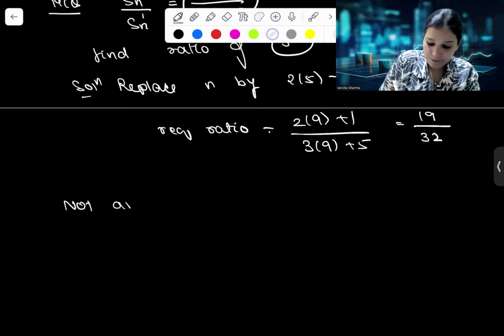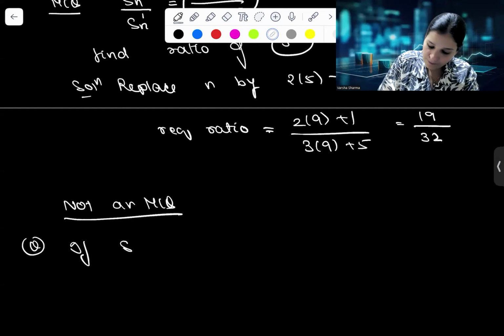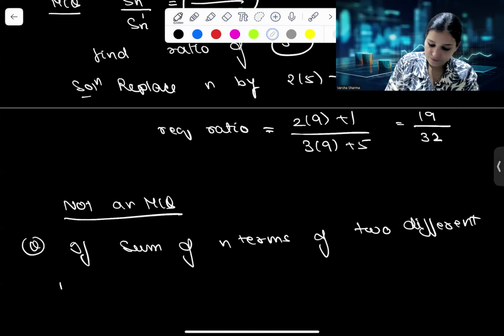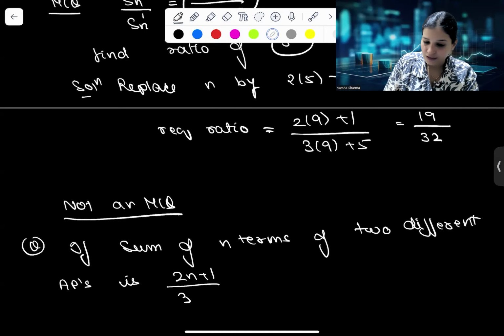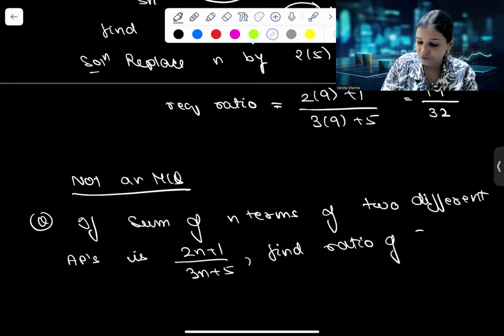For any question that is not an MCQ, if the same question would have come and it is not an MCQ question, the question is, if the ratio of sum of n terms of two different APs is 2n plus 1 upon 3n plus 5, find the ratio of fifth term.